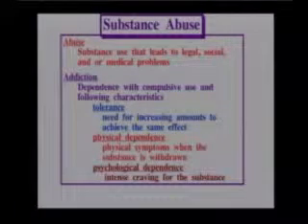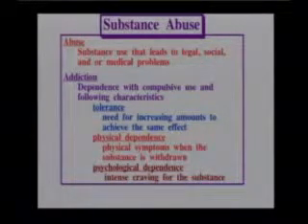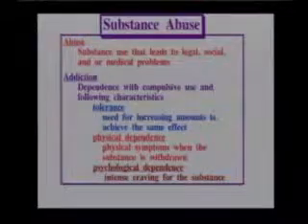Another feature of substance abuse is physical dependence, which means that the patient gets physical symptoms when the substance is withdrawn. And this would be the case in an alcoholic. When the substance is withdrawn, they go through withdrawal symptoms. You can also have physical dependence on drugs like caffeine. And if you don't get your caffeine, you get irritable and headaches.